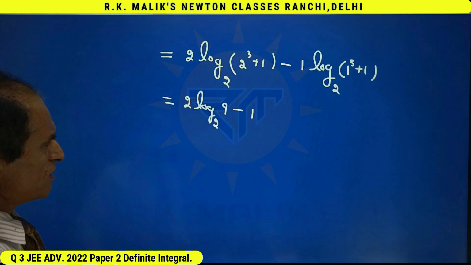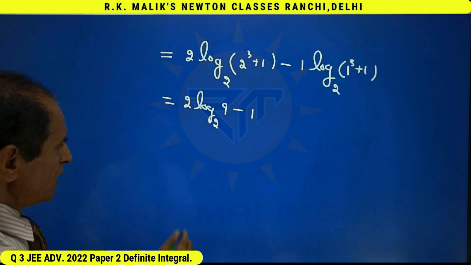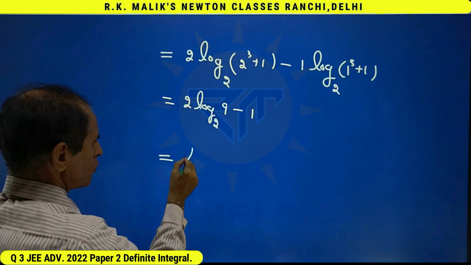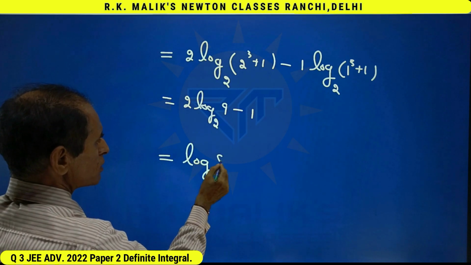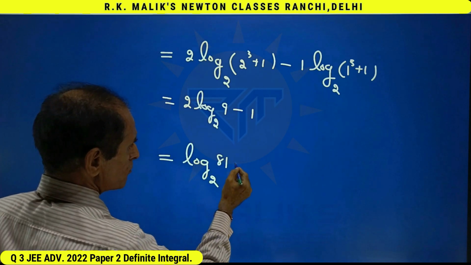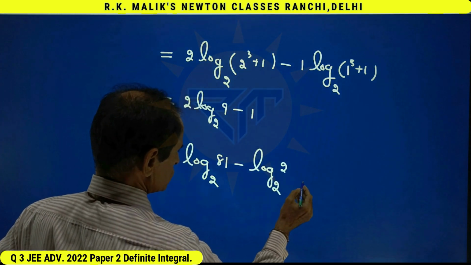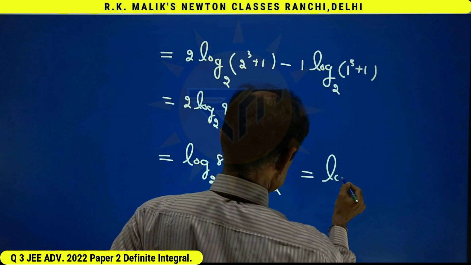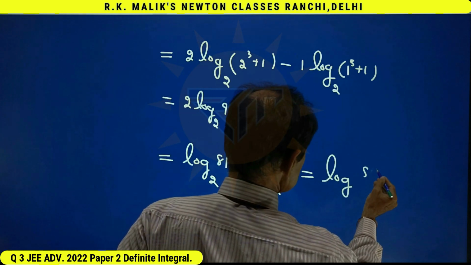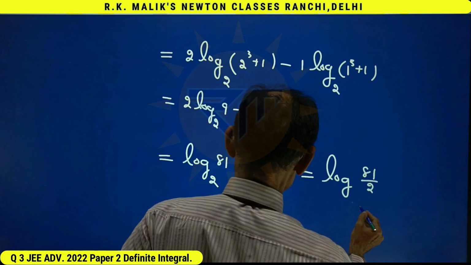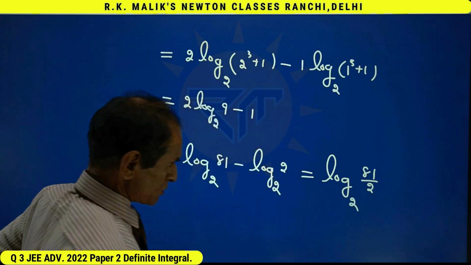Or we can check in this way also, that it is equal to log of 81 to the base 2 minus log of 2 to the base 2, that is equal to log of 81 by 2 to the base 2.